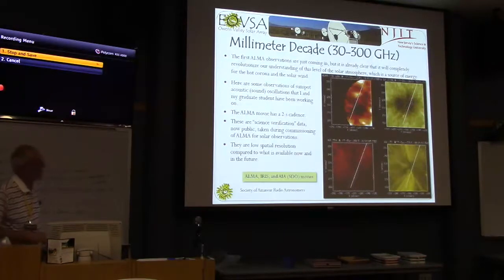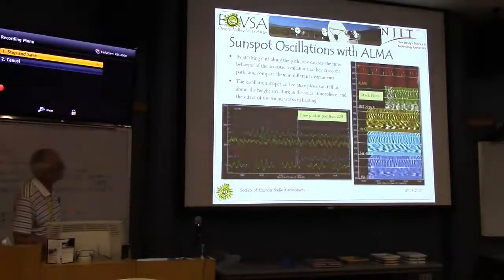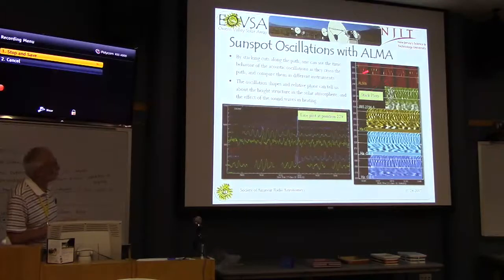And so if we take a cut across this region and we compare the way that the emission brightening and darkening is occurring over time, we can make time plots like this that are actually showing the brightenings and darkenings that are very cyclical.